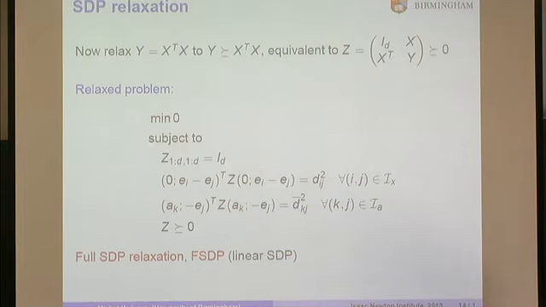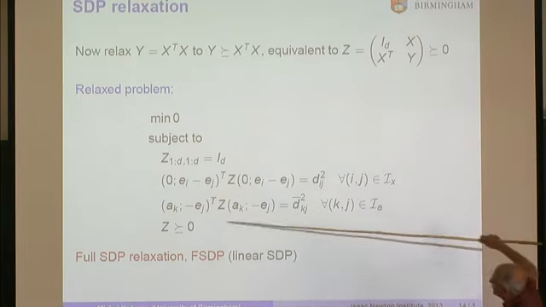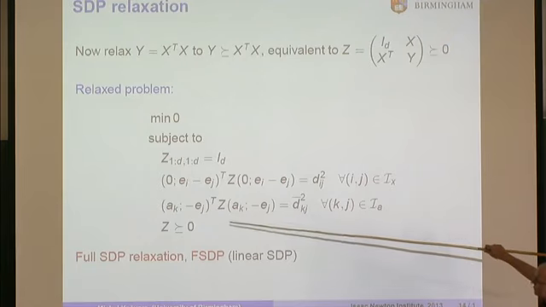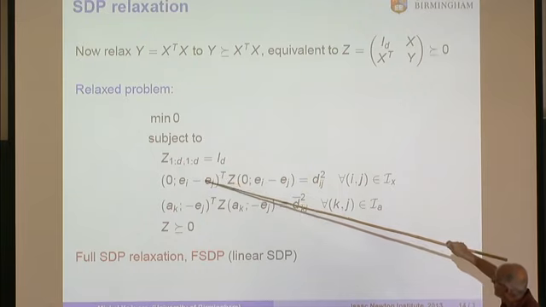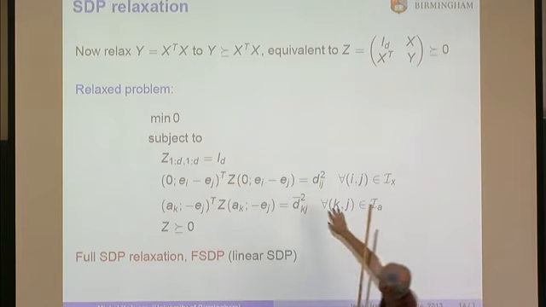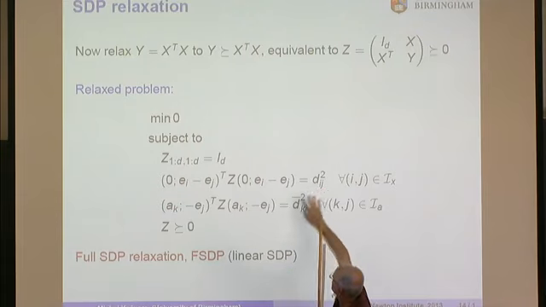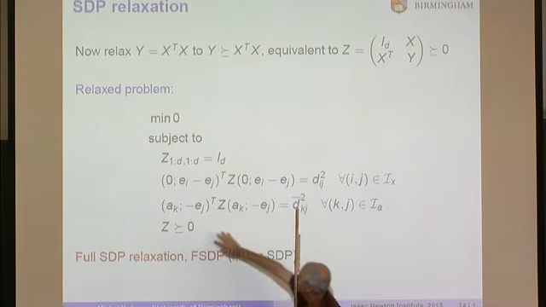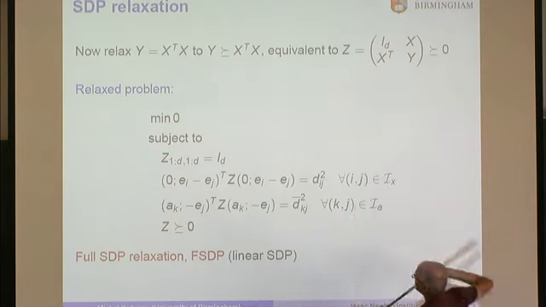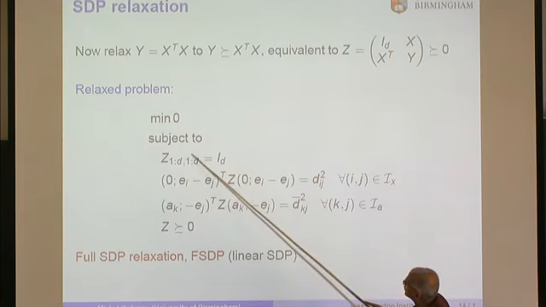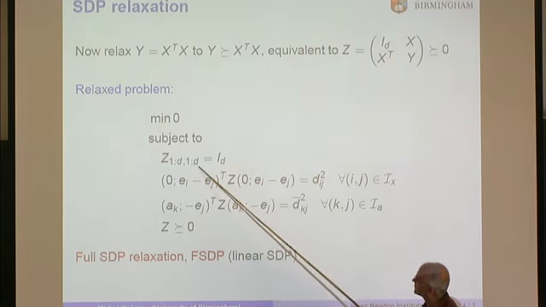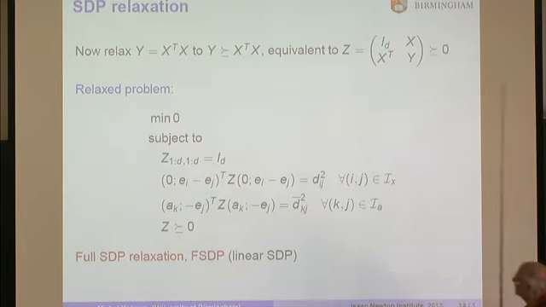So the whole feasibility problem, or actually its relaxation, can be rewritten as that. Those are my two conditions on the distances. The matrix Z should be positive semi-definite, so that's the relaxation of that part. And I know part of the matrix Z because it comes from the anchors.